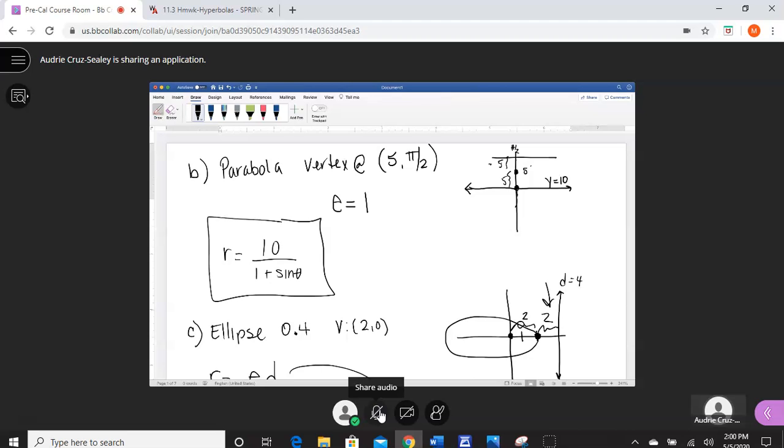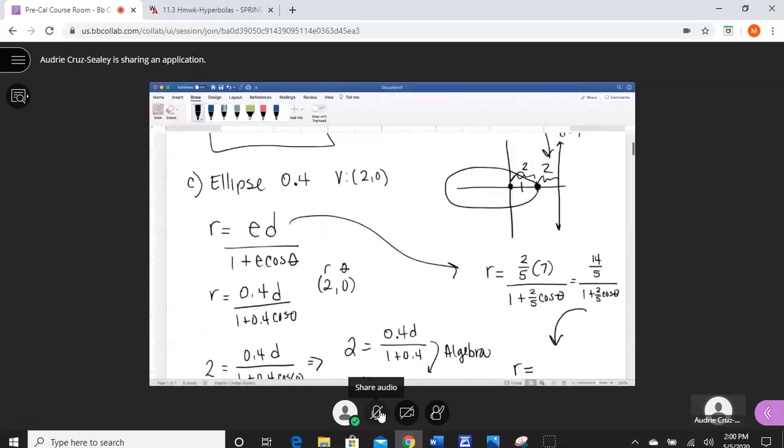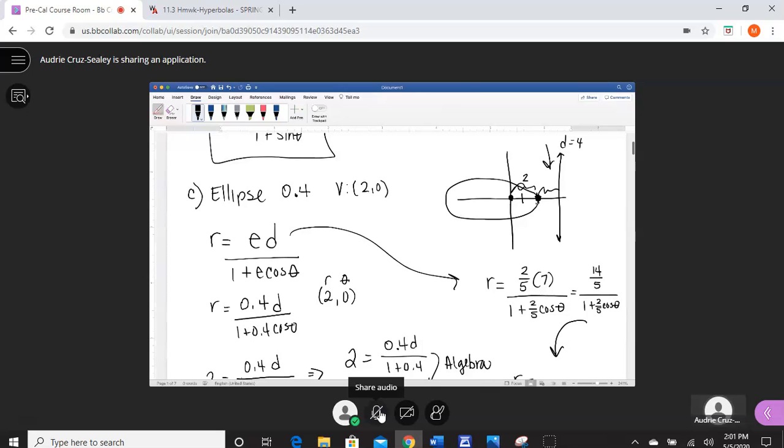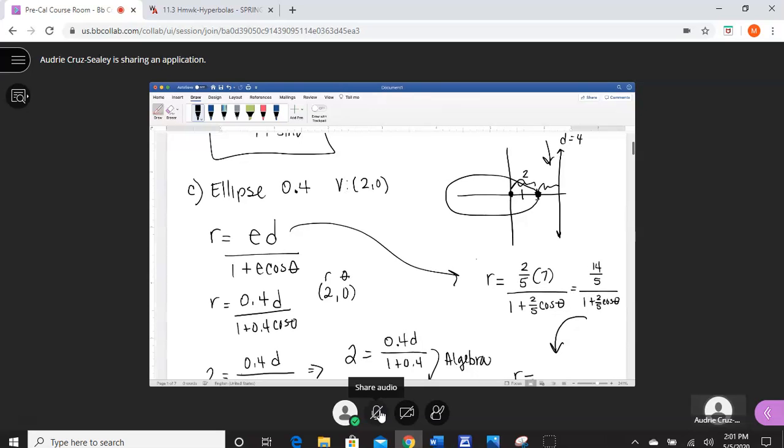You knew that from when we did parabolas with rectangular, but we never did directrixes with ellipses or hyperbolas. So they're not equal. Okay, so you cannot assume with ellipses and hyperbolas that the distance between the foci and the vertex and the directrix is the same, because it's not. This is 7, not 2. This distance is 7, not 2. Okay, so please step up, ask a question.